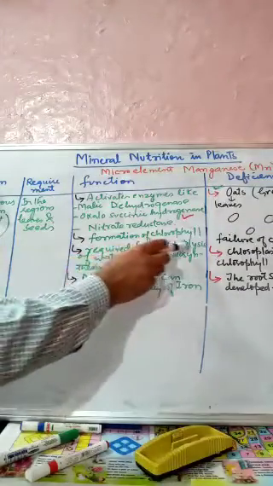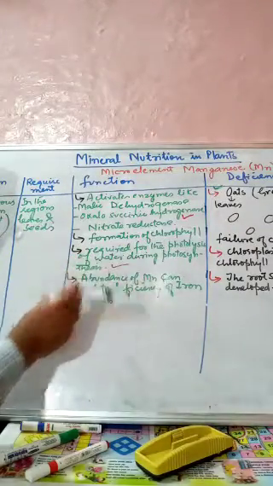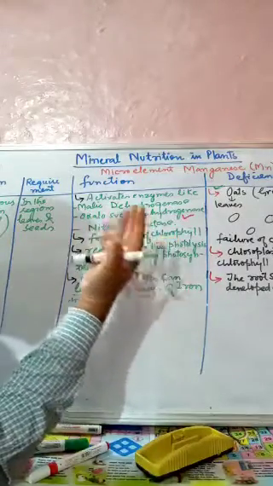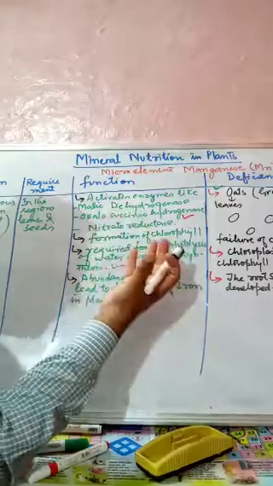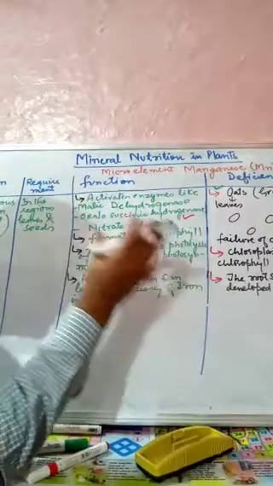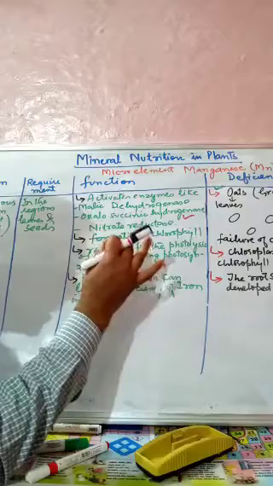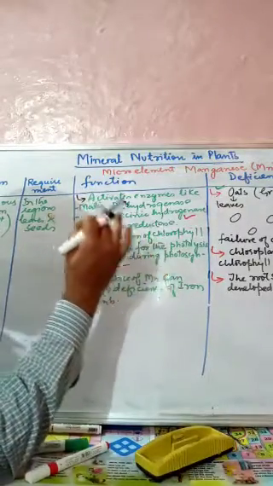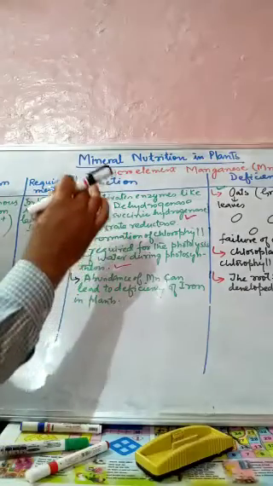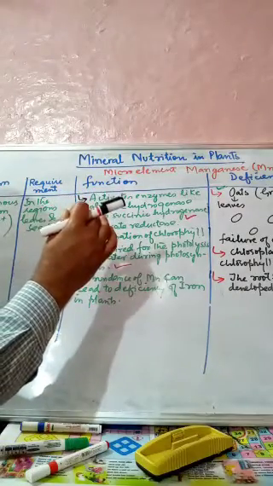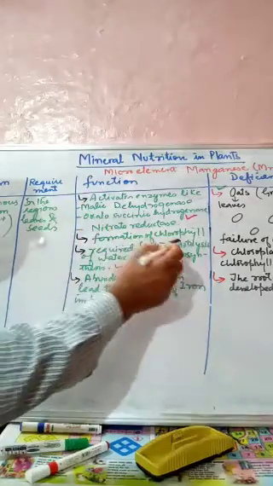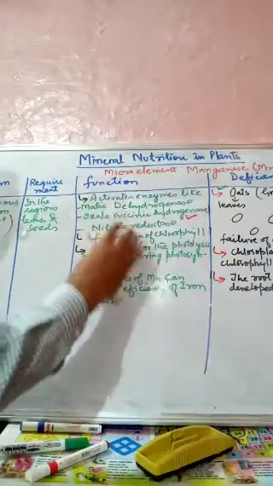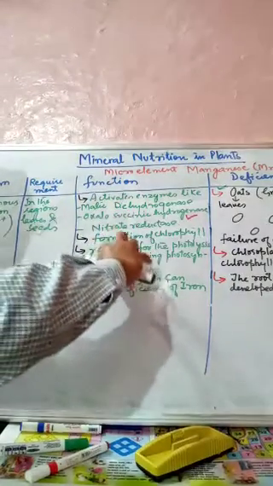Third, it is required for the photolysis of water during photosynthesis, because we know photosynthesis is completed in two steps: light reaction and dark reaction. In light reaction, there are two pathways. First is cyclic photophosphorylation, and second is non-cyclic photophosphorylation. In non-cyclic photophosphorylation, the photolysis of water takes place, and that photolysis of water takes place in the thylakoids.